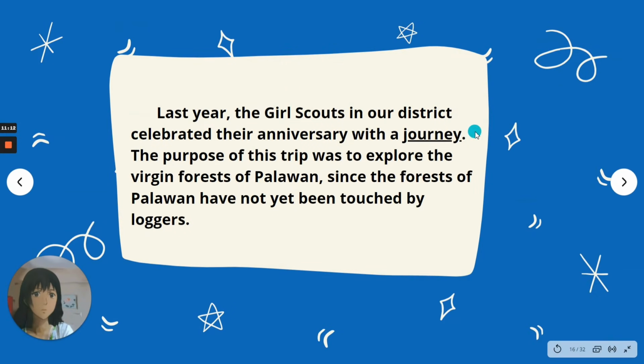So, let's take this part of the paragraph. How do we know the meaning of journey? Let's read again. Last year, the Girl Scouts in our district celebrated their anniversary with a journey. The underlined word is journey. The purpose of this trip was to explore the virgin forest of Palawan, since the forests of Palawan have not yet been touched by loggers.